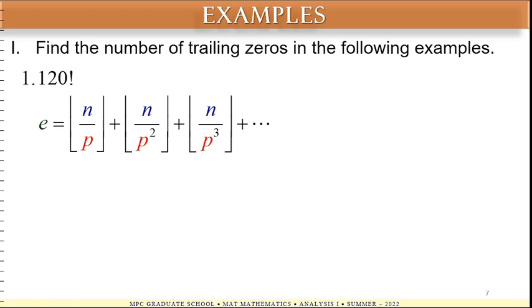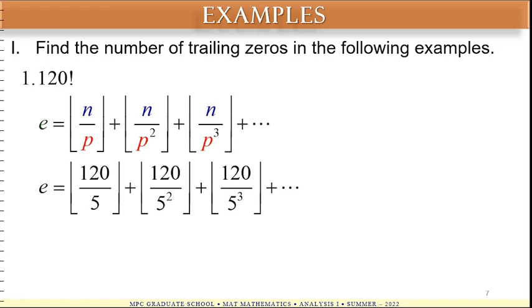So we have now e, or the power of e, is equal to the floor function of n over p plus the floor function of n over p squared plus the floor function of n over p cubed plus up. Okay, so we can substitute the formula where n is 120 based on our example, and p is equal to 5, which is the prime based on the definition of the number of trailing zeros in n factorial.